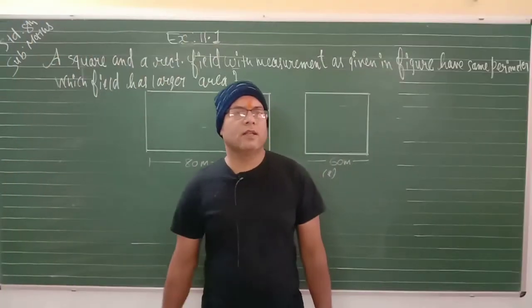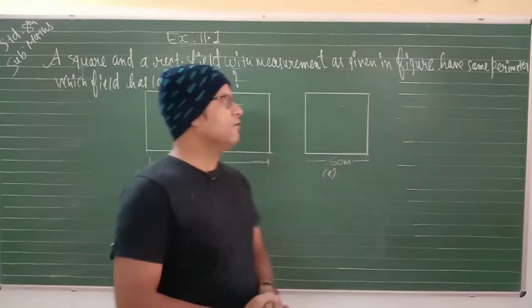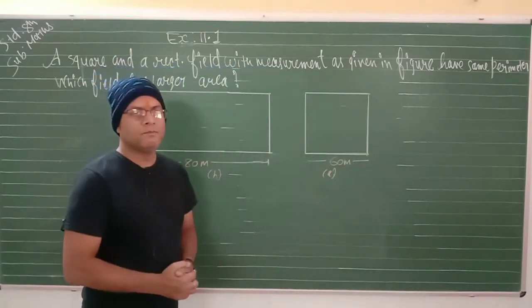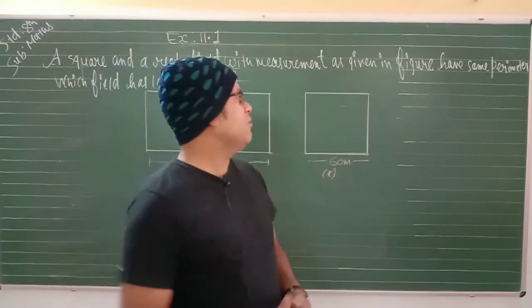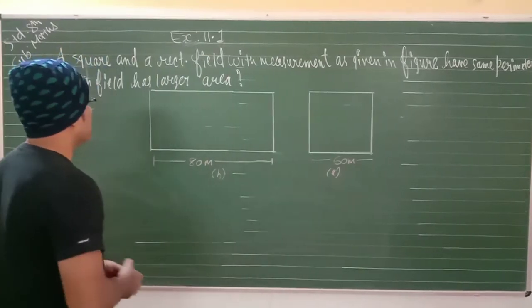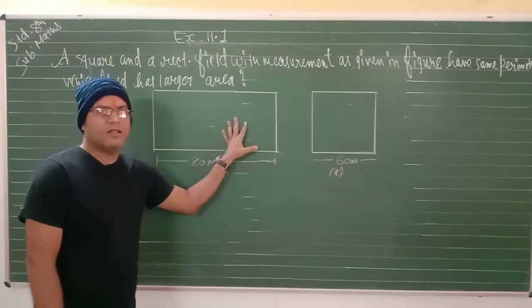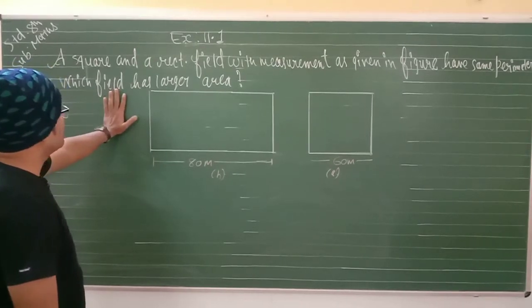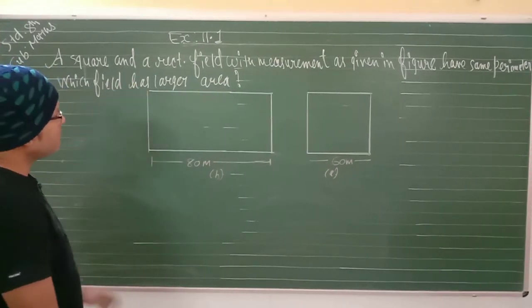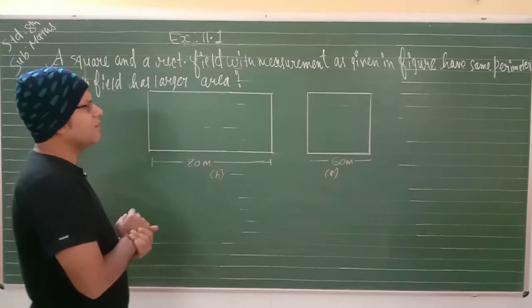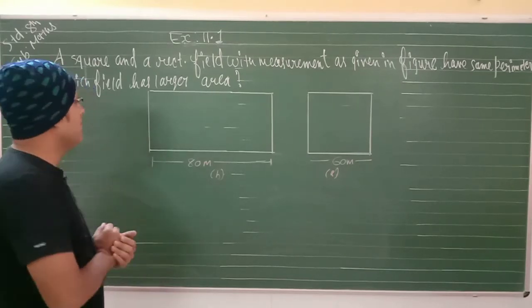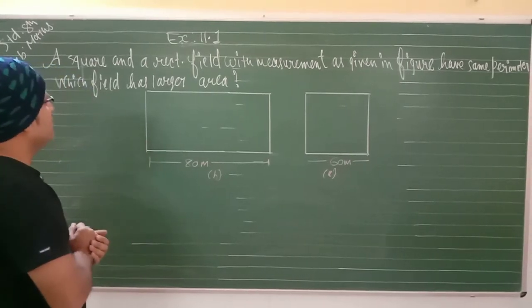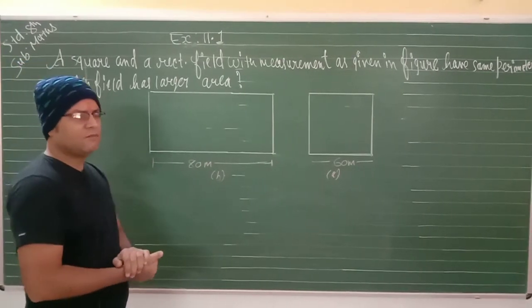And now students, exercise 11.1, chapter number 11. Now see, question number 1, we have to understand the question, because in maths, understanding the question is the main thing. Here you can see that a square and rectangle field with measurement as given in the figure have same perimeter. Which field has a larger area?